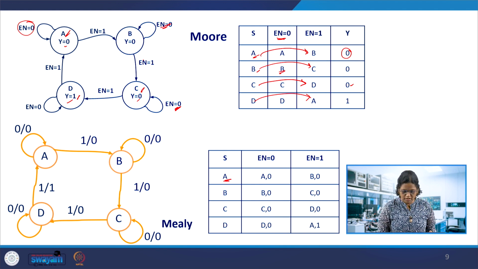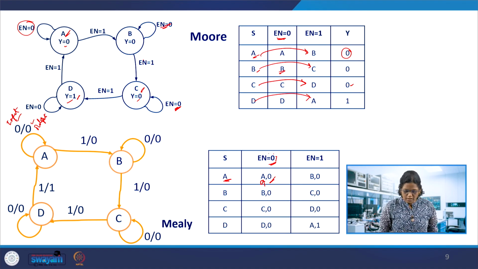If this is the present state, enable is 0, the next state is A, and the output is also 0. So enable 0 and output 0 are represented over here. This is input slash output.